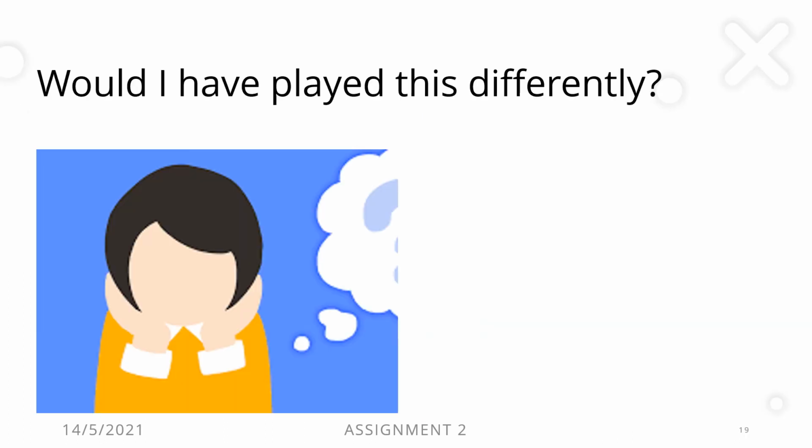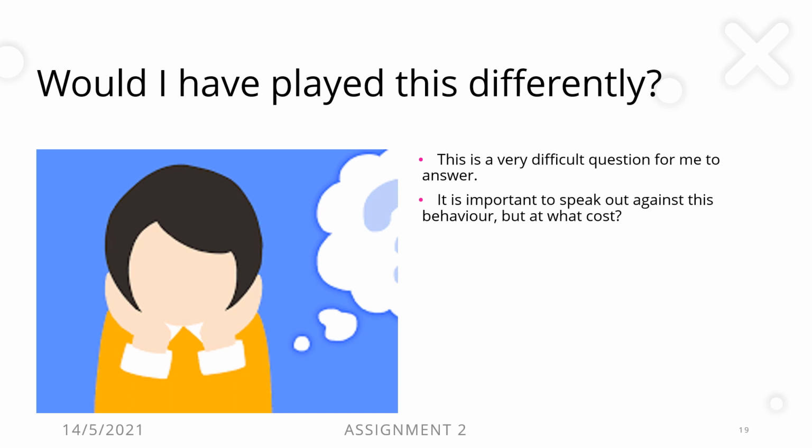So, would I have played this differently? This is a very difficult question for me to answer. Look, I think the only way that these situations can become less prominent is for perpetrators to be held to account. And I think the only way that they can be held to account is if people speak out against their behaviour.